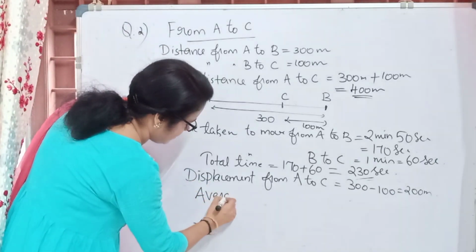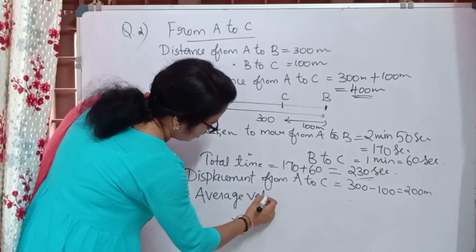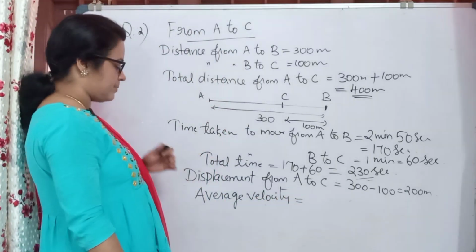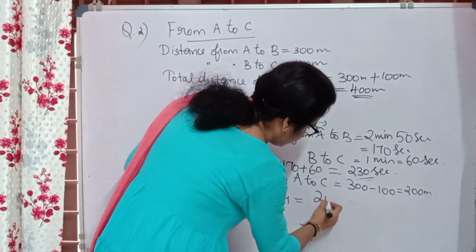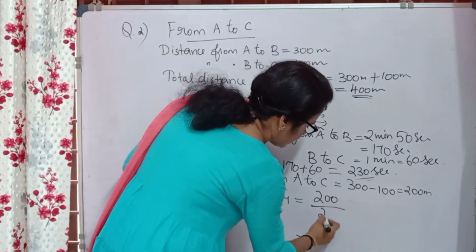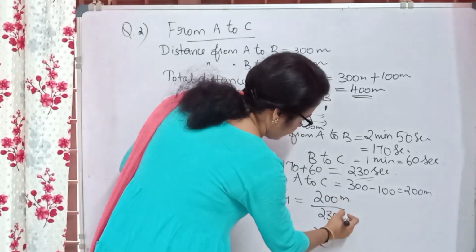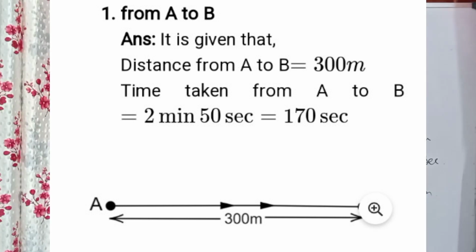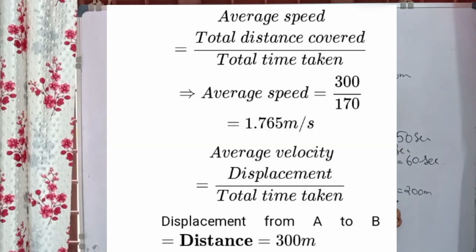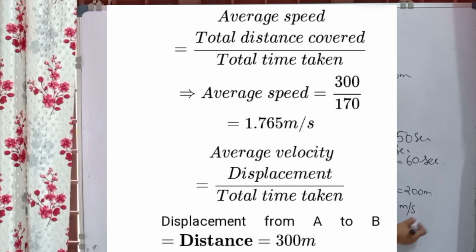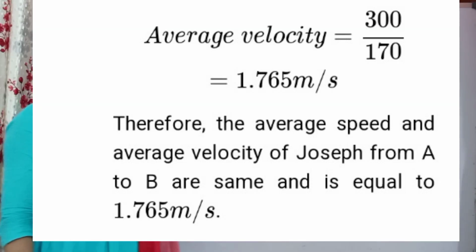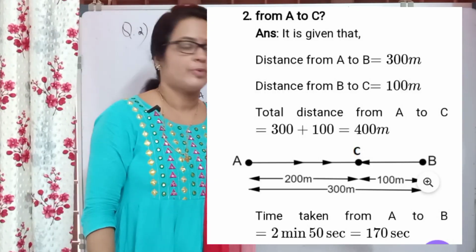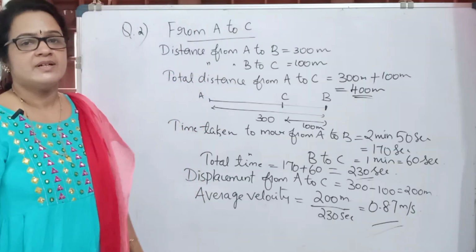Yes, average velocity is equal to total displacement by time. So displacement is 200 divided by time 230. So 200 meters divided by 230 seconds. Now we can calculate that: 0.87 meters per second. So here we can see that the average speed and average velocity are different. Here we are getting the average velocity as 0.87 meters per second.